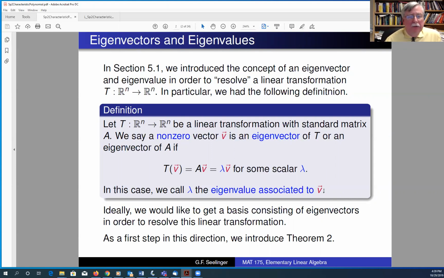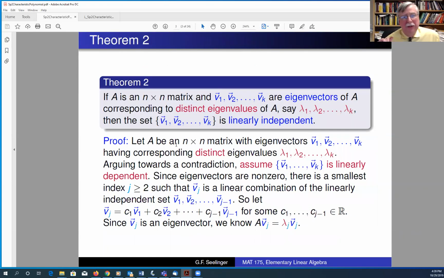And eigenvectors, again, have to be non-zero, and what we are really looking for is a basis consisting of eigenvectors to resolve the linear transformation. And we proved theorem 2 in this direction because we want a basis. Reviewing, if I have eigenvectors, let's say I've got k, 5, 10, whatever, and I've got distinct ones, so in other words, none of the eigenvalues, the stretching or compressing factors, are equal, then I'm guaranteed to have a linearly independent set.